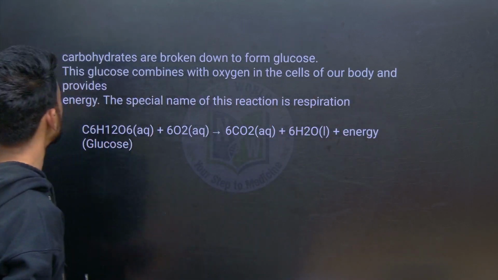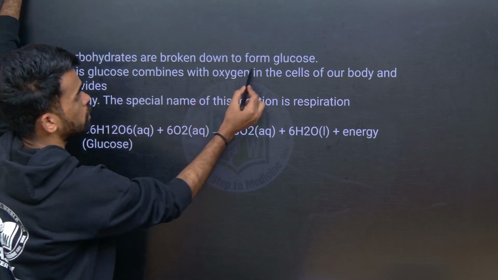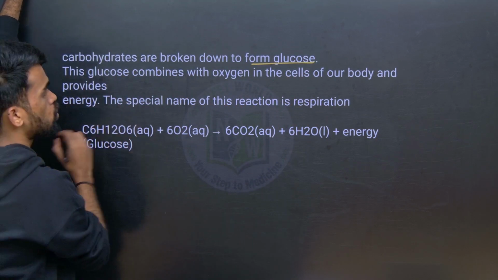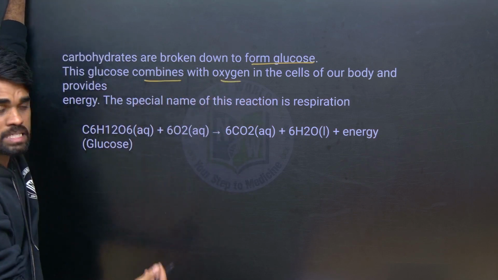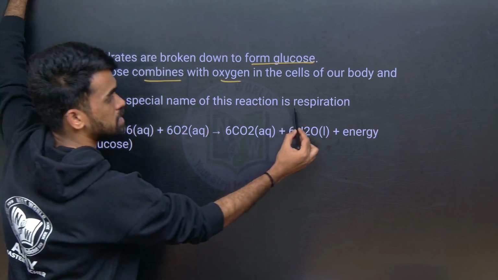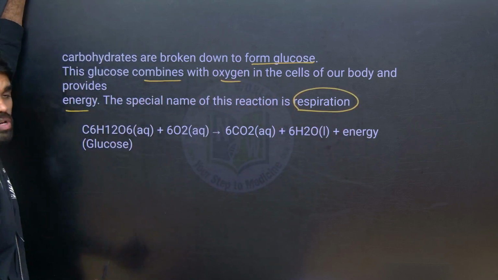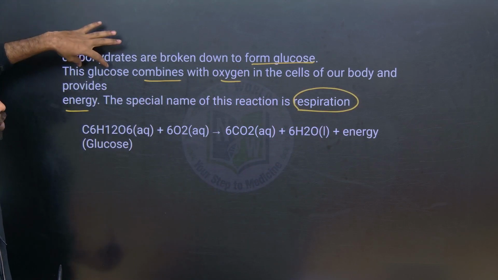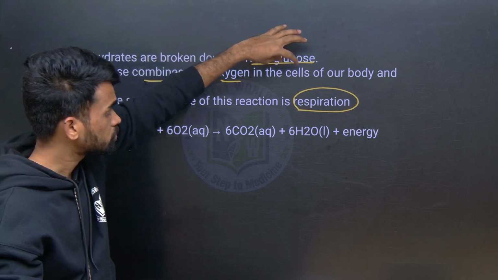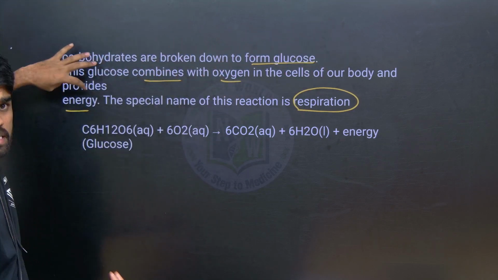Then next, carbohydrates are broken down into glucose. This glucose combines with oxygen in the cells of our body and provides energy. What is the special name of this reaction? Respiration. So glucose combines with oxygen in the cells of our body and provides us energy.